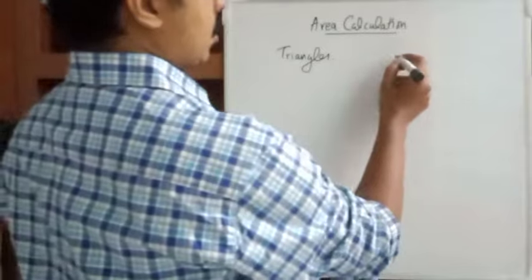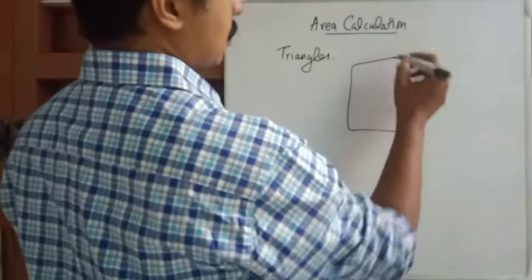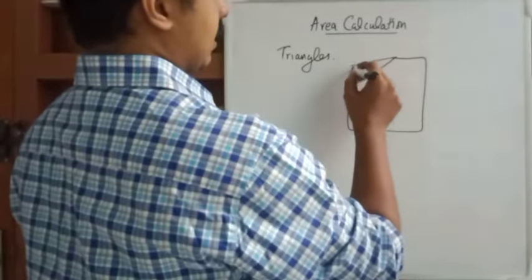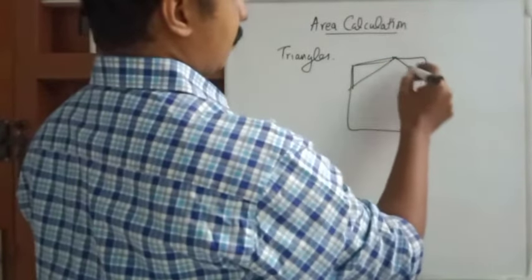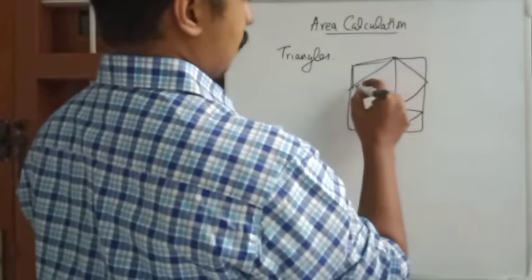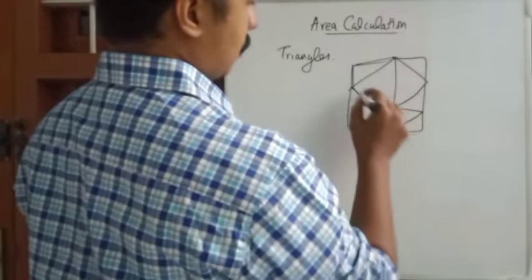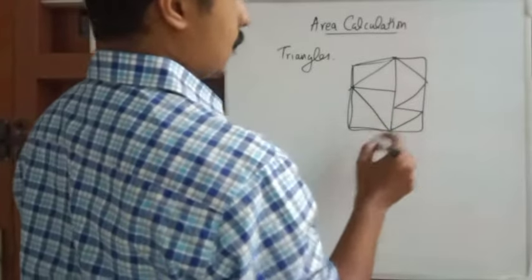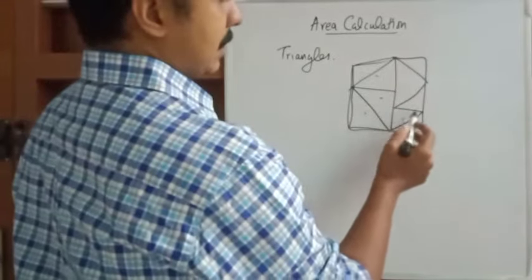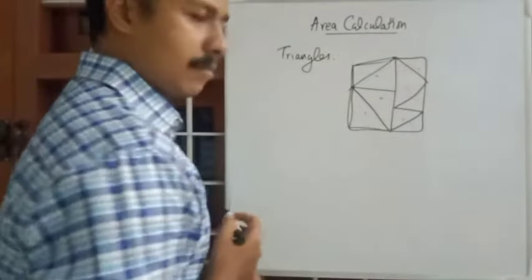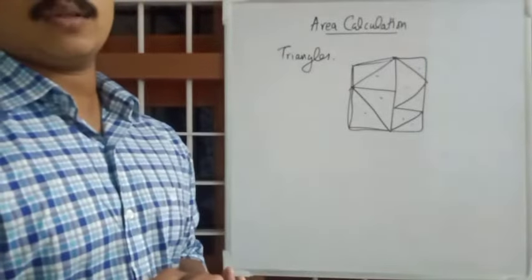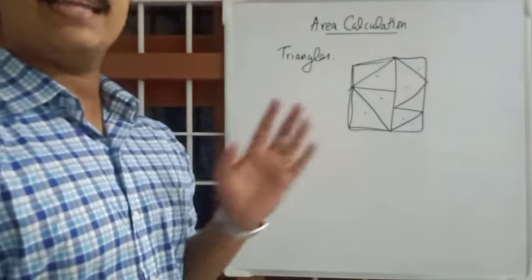Suppose this is the area of land, you will divide this area into a number of triangles. 1, 2, 3, 4, 5, 6, 7, 8, 9. Right now, 9 triangles. Then we will find the areas individually.